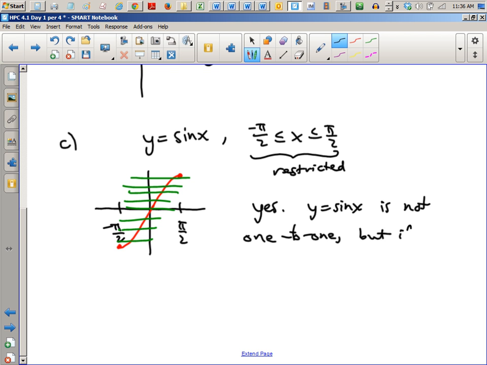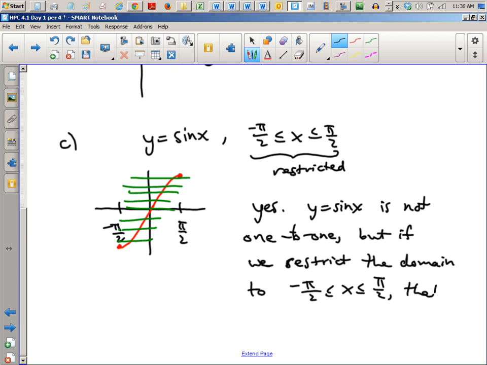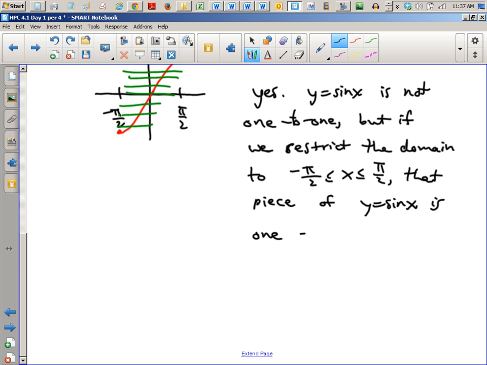But if we restrict the domain to negative pi over 2 is less than or equal to x is less than or equal to pi over 2, that piece of y equals sine x is one-to-one.